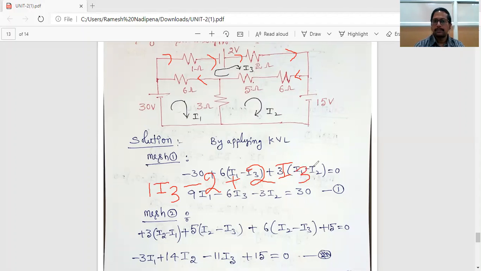Next, plus 6 into, since this 6 ohm resistor is common between the third mesh and second mesh. I consider the third mesh equation, so the third mesh current is more than any other mesh current. That's why 6 into I3 minus I2.